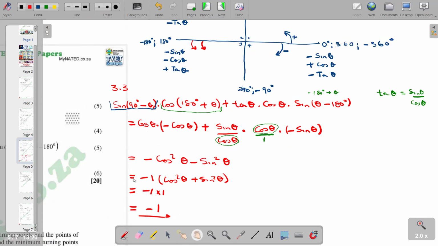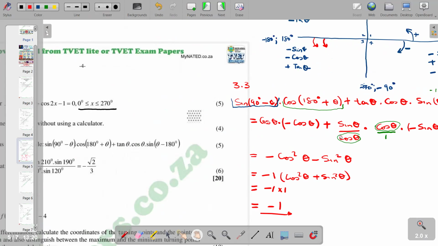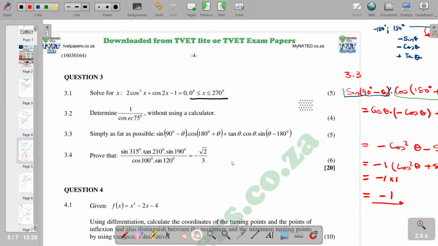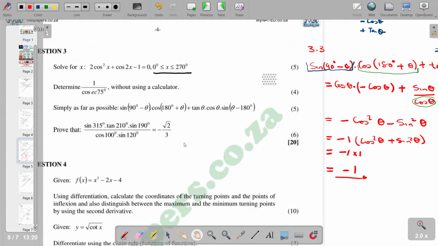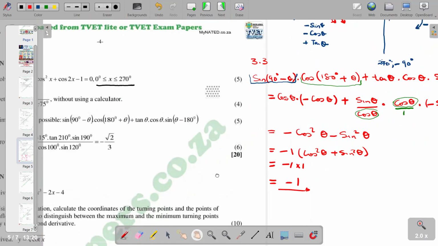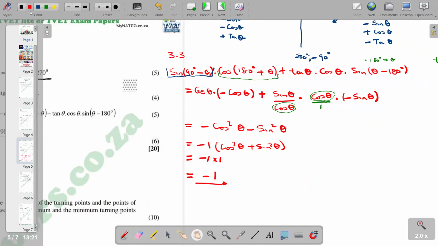Let's go and check what the next question is saying. It's saying prove that sine. So let's create some space here.